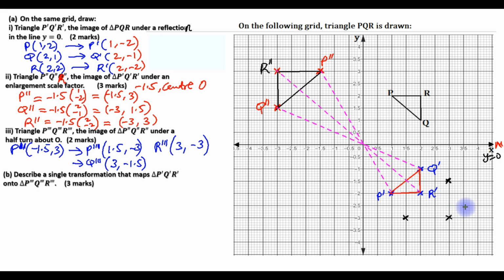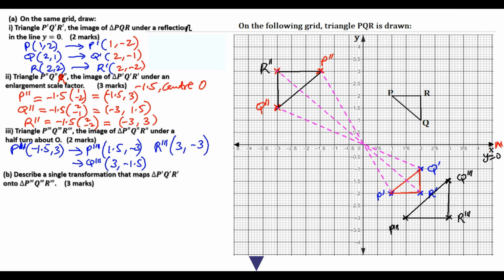So that's the point. Therefore we join. So this is P triple prime, Q triple prime, and R triple prime. So we join those points. So that's how it will be.